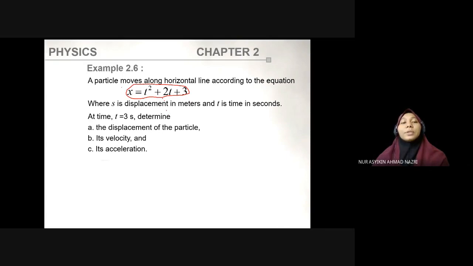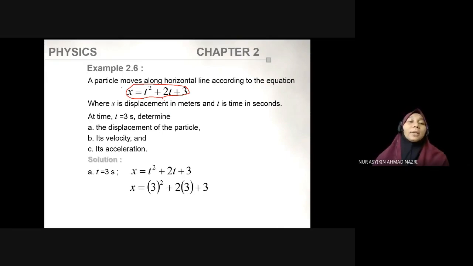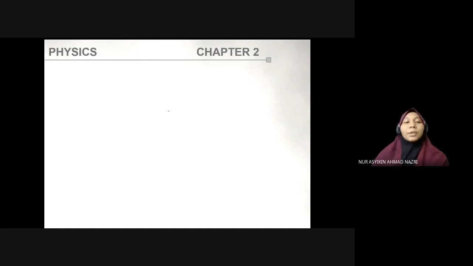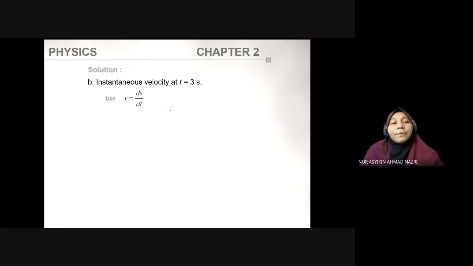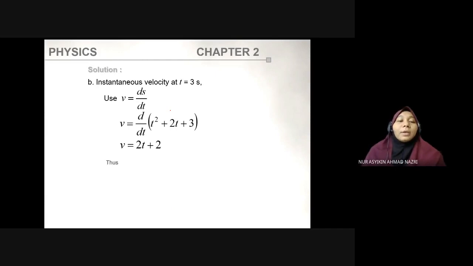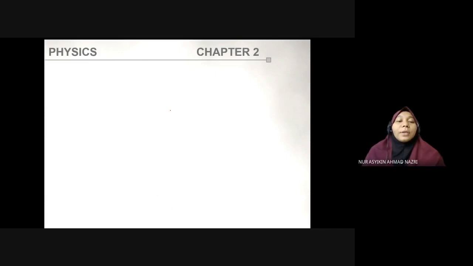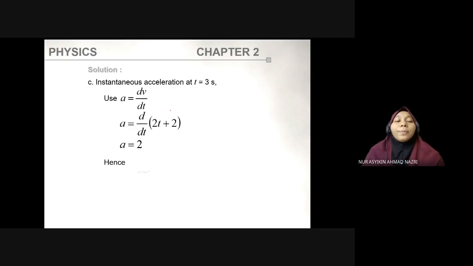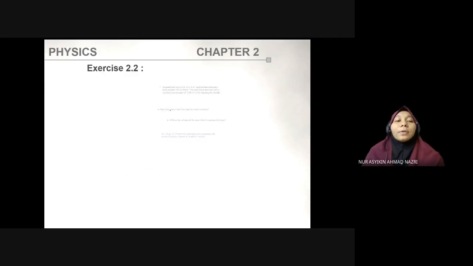So we skip this one. Kalau nak tahu pun tak ada masalah, sebab nanti mana yang nak further physics, awak akan jumpa benda ni. Fizik memang akan main calculus juga. But for the time being, it's okay kalau awak nak skip this one. But I put here the solution.